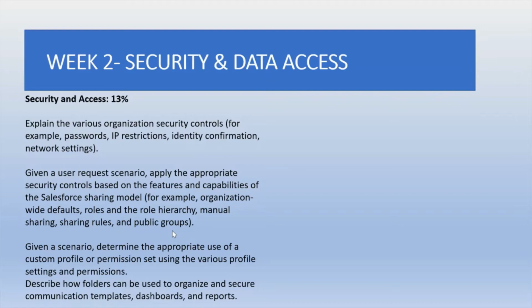Some records are not meant to be seen by a group of people, so for them we have to restrict it. But even though we are restricting it, a few people still want to see those records. For that, we have to customize and make a few updates in the sharing settings to achieve those requirements.